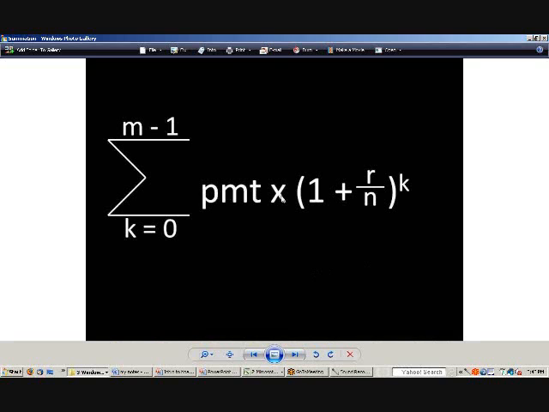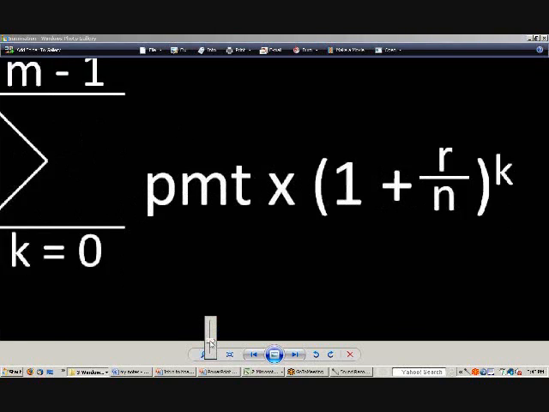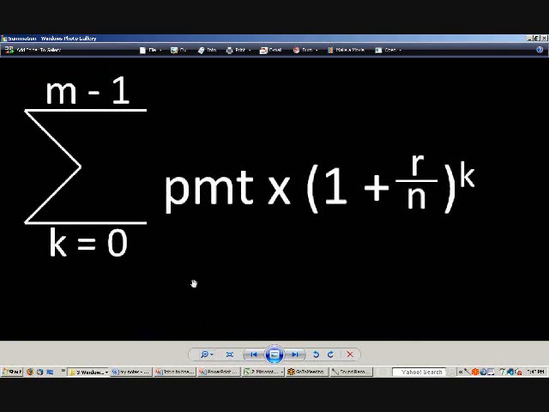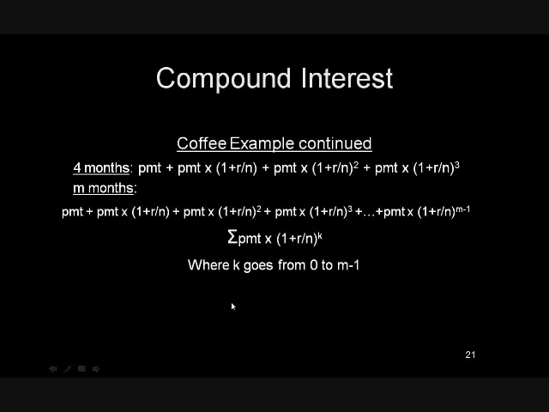So it's the summation of the payment times 1 plus r over n raised to the k, where k goes from 0 to m minus 1. Make that a little bigger in case you can't see it. That looks nice and big.